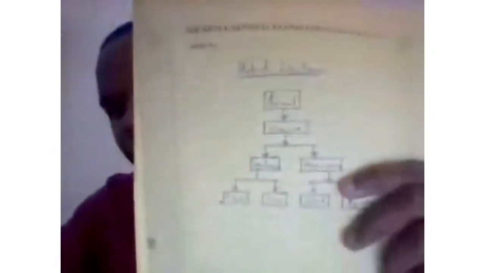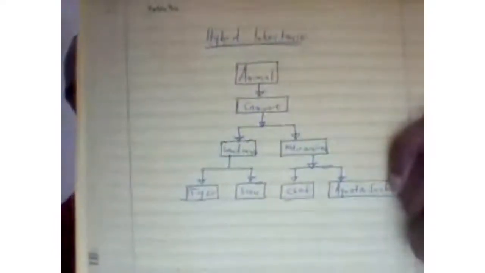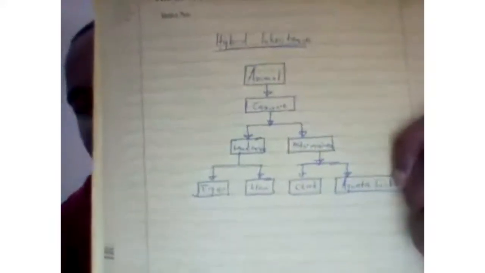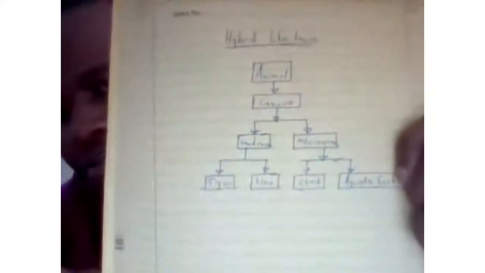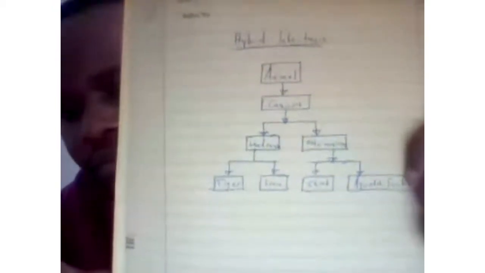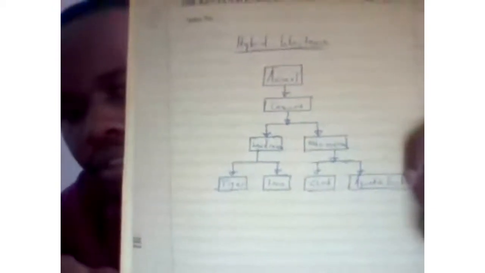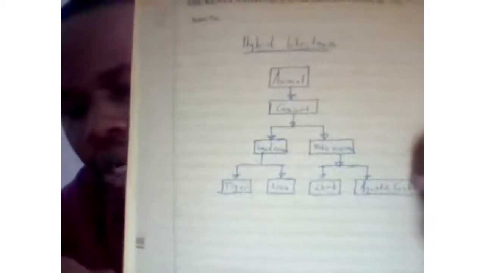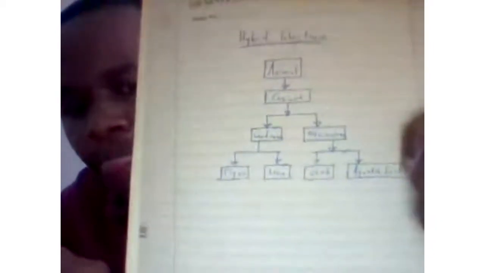This is hybrid inheritance. In this kind of hybrid inheritance, we have animal, carnivore, and under carnivore we have land carnivore and water carnivore. Is it an is-a relationship or a part-of relationship?